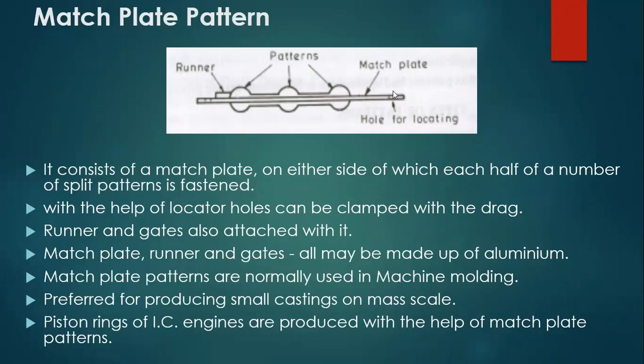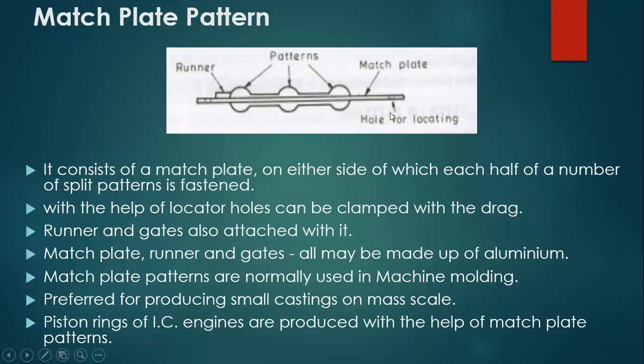Ramming is carried out. Again from the bottom we have to place the molding sand and ramming is carried out. Cope is placed, again molding sand is poured, ramming is carried out, and after ramming we are removing the cope and drag from each other, and after removal of cope and drag we will remove this match plate.